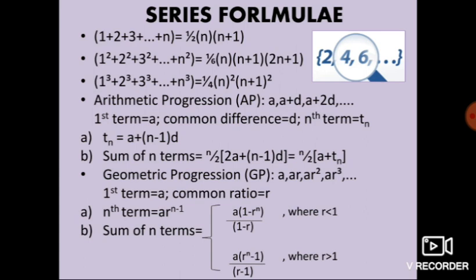First, we have to check if r is greater than 1 or less than 1. If r is less than 1, the formula will be a into 1 minus r raised to n divided by 1 minus r, and if r is greater than 1, the formula will be a into r raised to n minus 1 divided by r minus 1.